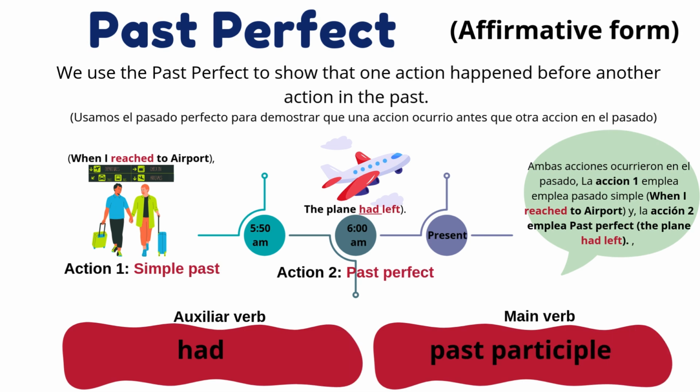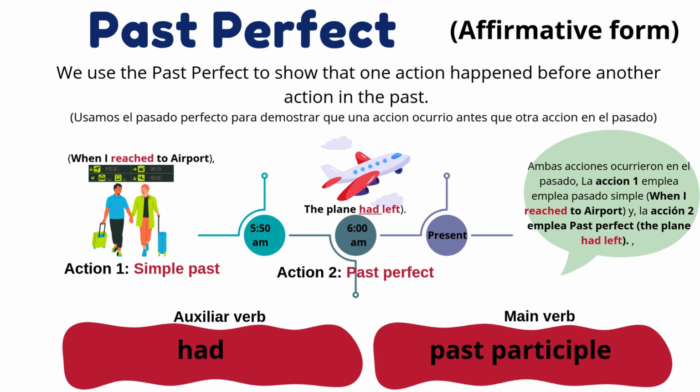Let's check this timeline. Remember, the past perfect shows that one action happened before another action in the past. You have two actions here, but both actions happened in the past. For example, action 1: When I reached the airport, action 2: the plane had left.